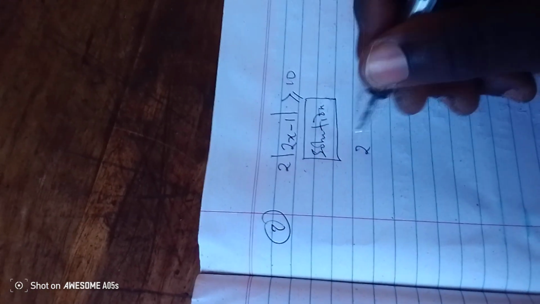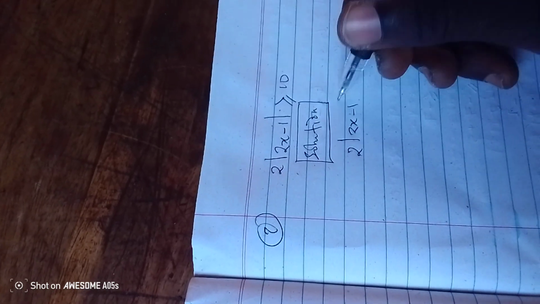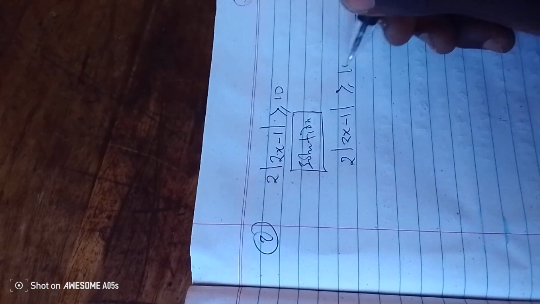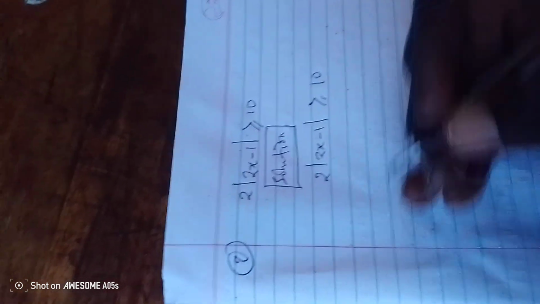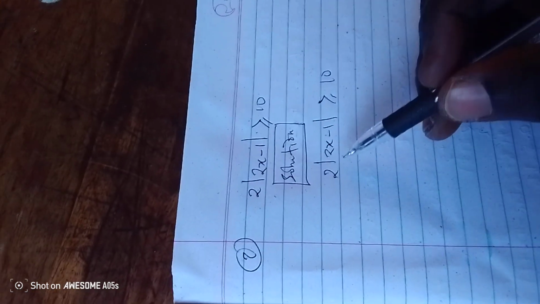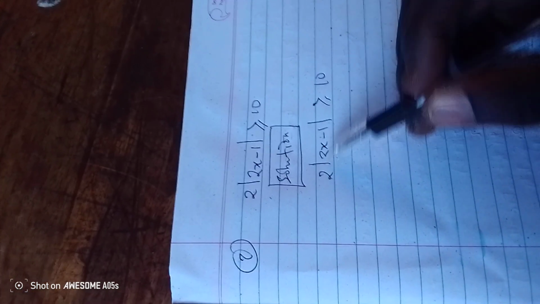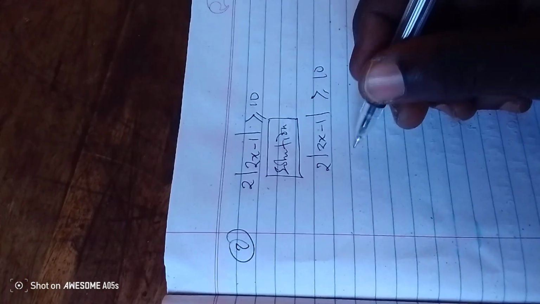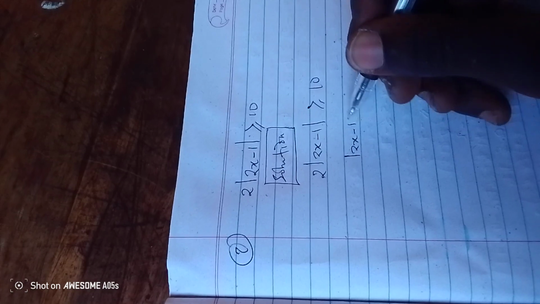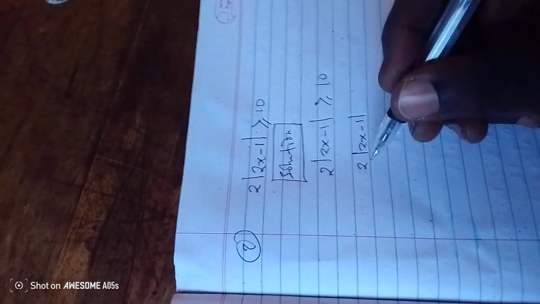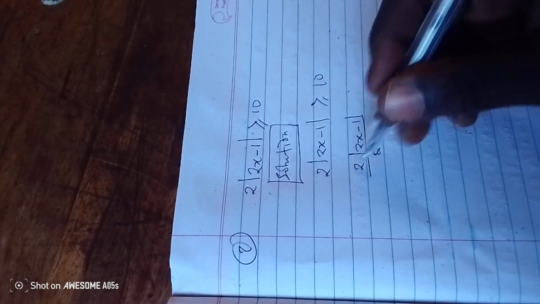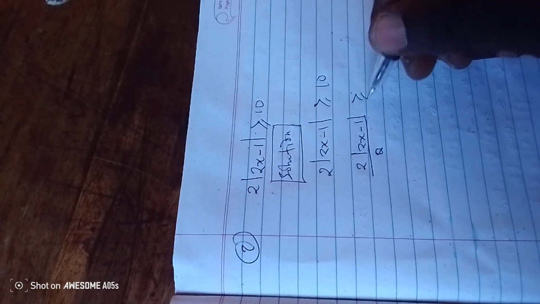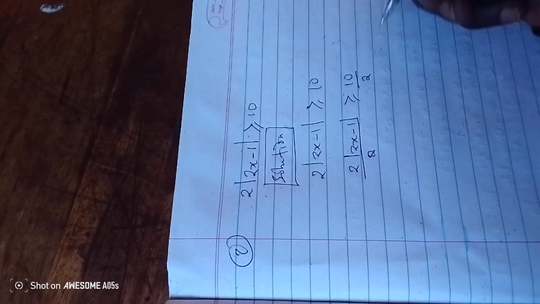Okay, let me just rewrite it here. So we are going to isolate the modulus. Remember in one of the videos I said let's isolate this. So we are going to isolate it in this form by dividing by this coefficient throughout.